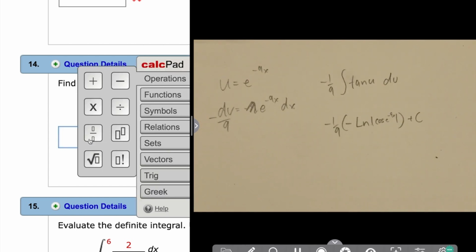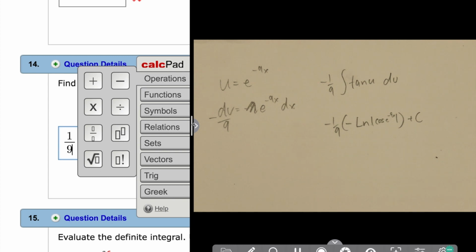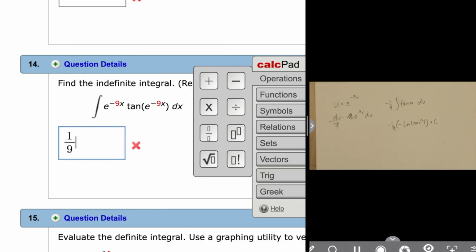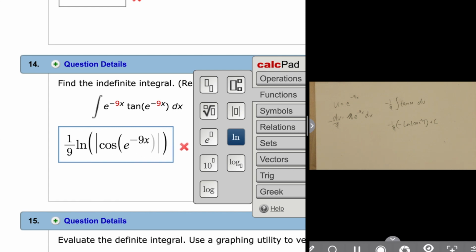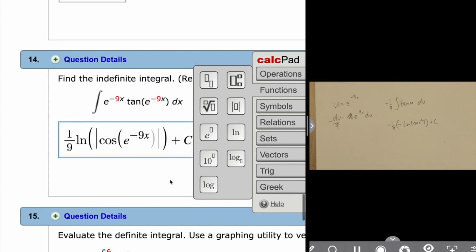So 1 over 9 ln absolute value cosine e to the negative 9x, and don't forget the plus c.